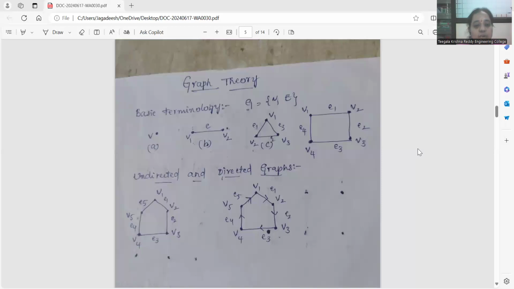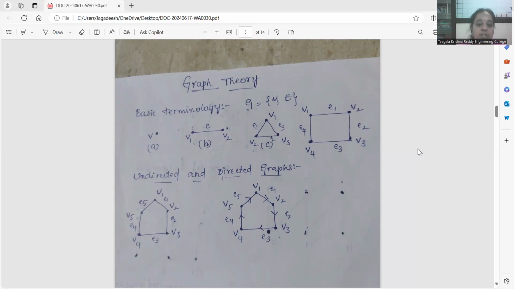So this vertex is called an isolated vertex. So the basic point here is, without edges, there may be a graph, but without a vertex, there is no graph. So to represent a graph, a vertex should definitely be present without any edge.